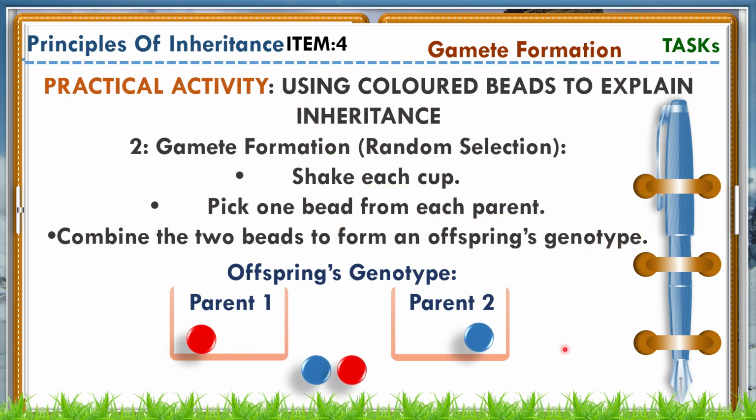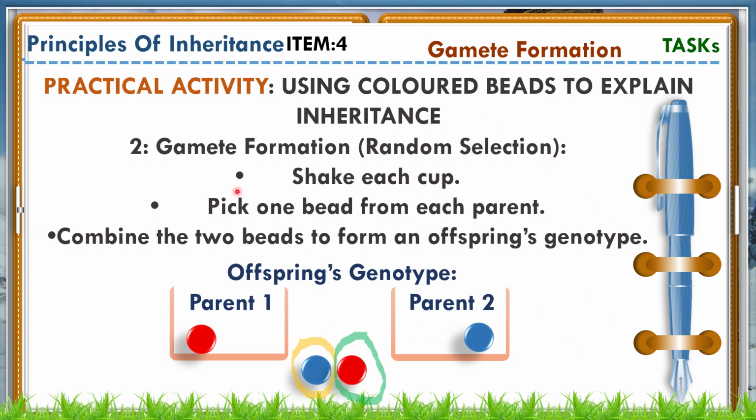Now parent 1 has released one bead, and parent 2 has also released one bead. And when the two combine together, they turn into what we call the offspring's genotype.